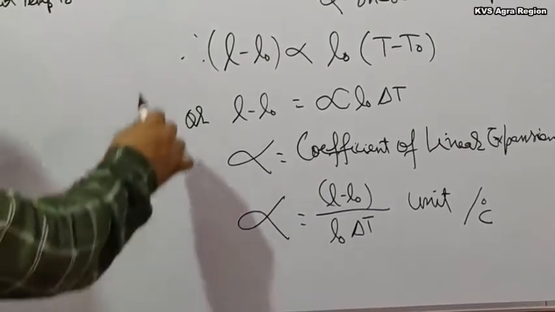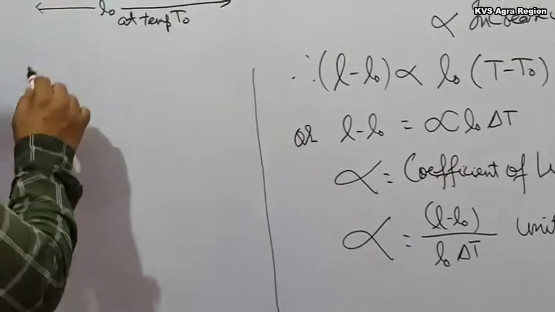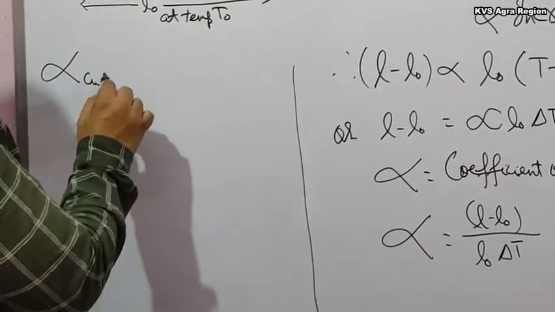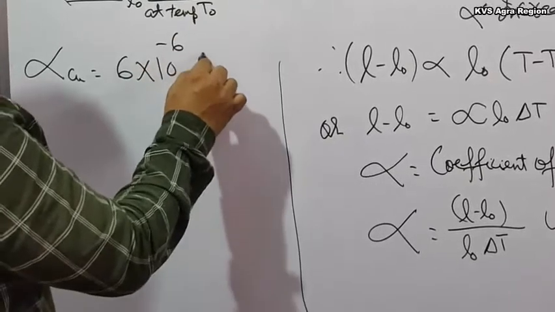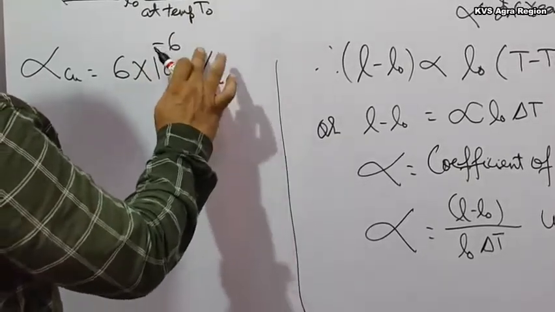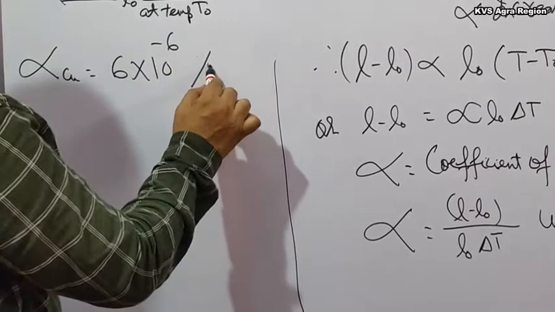This alpha of copper is 6 into 10 raised to power minus 6 per degree Celsius.